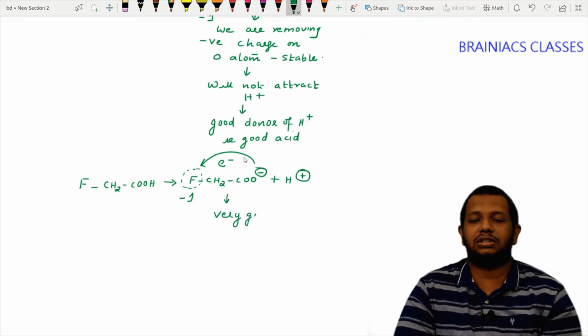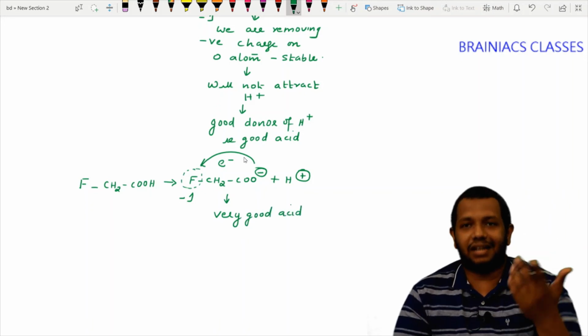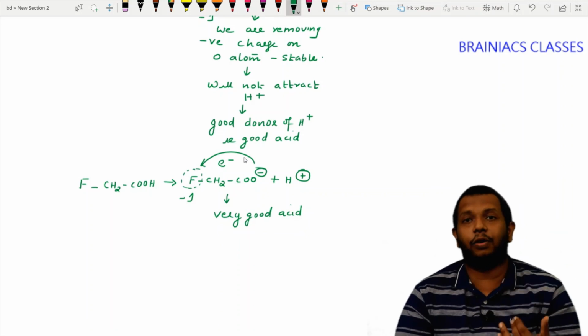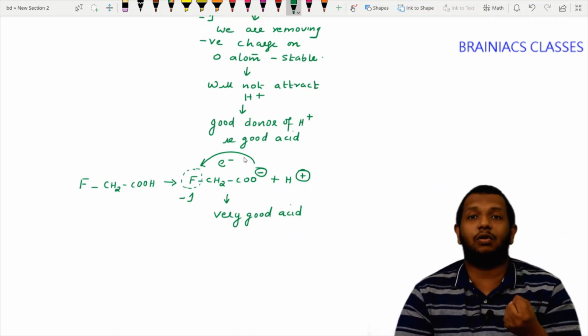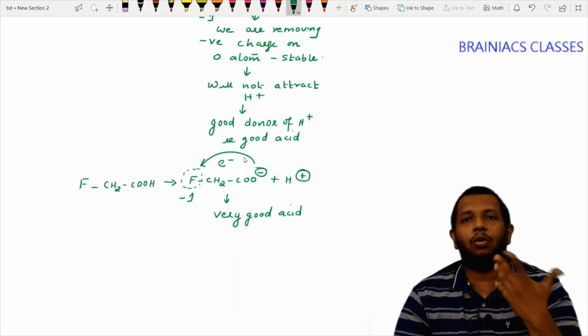Now if you compare the second one and the third one, one has chlorine and the other fluorine. Who has the more minus I effect? Fluorine. So that will attract the electrons very fast and make it more stable. So which is the good acid?